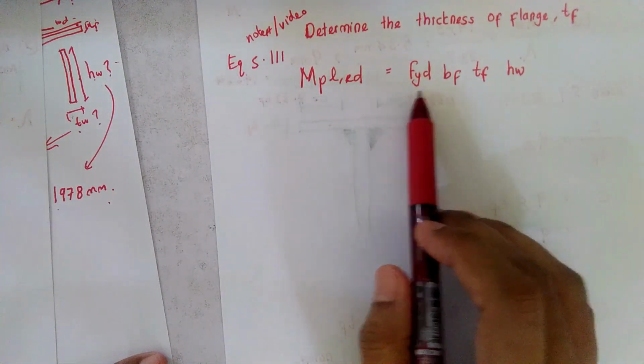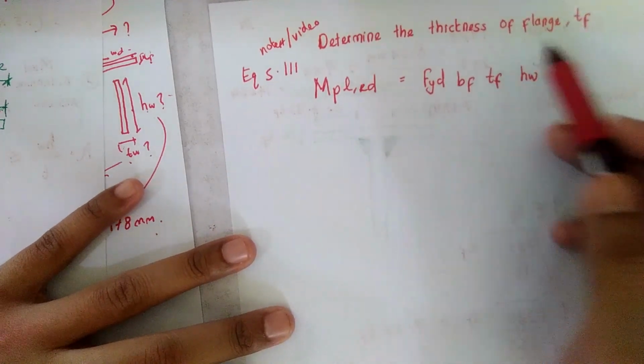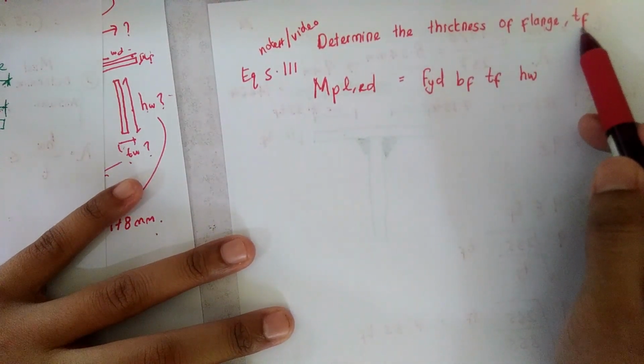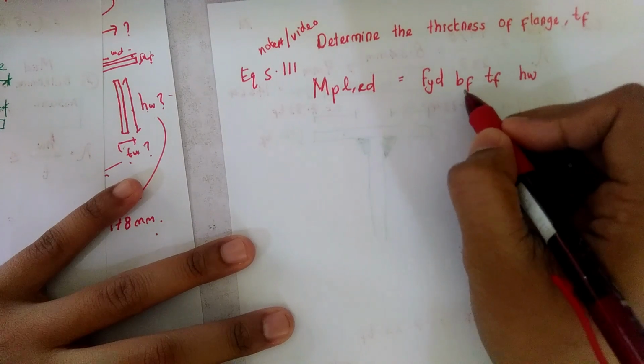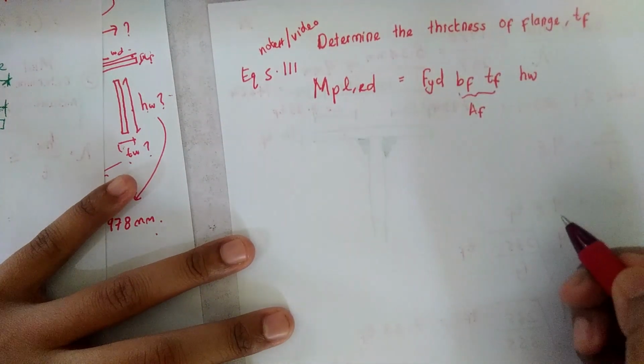Okay, so you get this and you rearrange the equations, because now we want to know the thickness of the flange. Here is representing our area of flange.